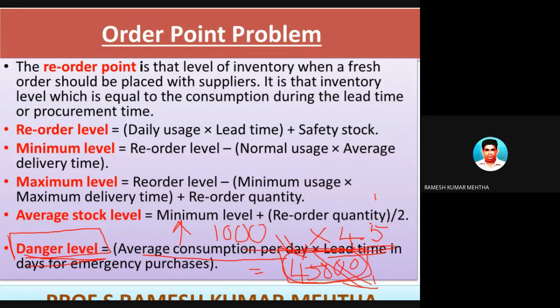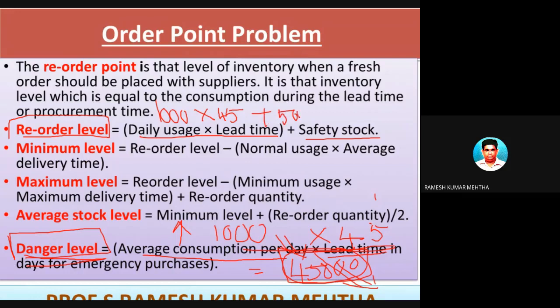Next one is reorder level, meaning at what point you have to reorder. The formula is daily usage into lead time plus safety stock. Daily I am using on average 1,000 units, into lead time of 45 days, so 45,000, plus 5,000 safety stock.